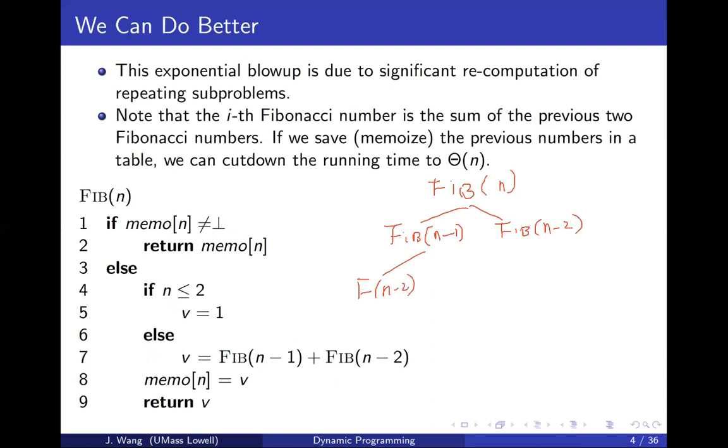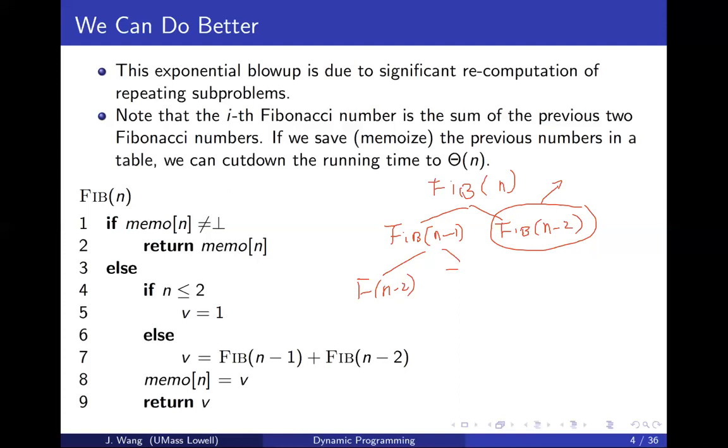See, if I computed this once, I store this value somewhere, and then next time when I need this value, I don't need to recompute it. Instead, I just do a table lookup.